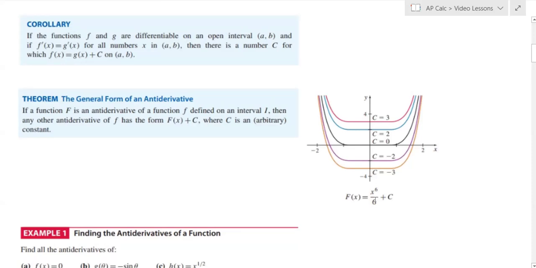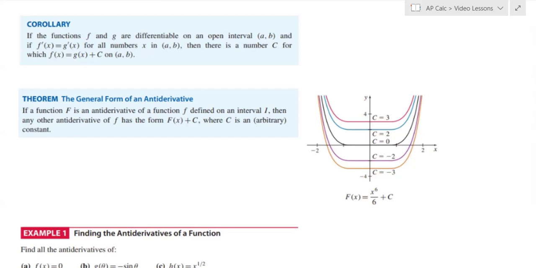That'd be like the antiderivative of x to the fifth. When you add or subtract different constants, all that does is vertically translate the function up and down, however many units, but the derivative is still going to be the same, and that represents the slope of the curve at any x value, and it would still have the same slope.